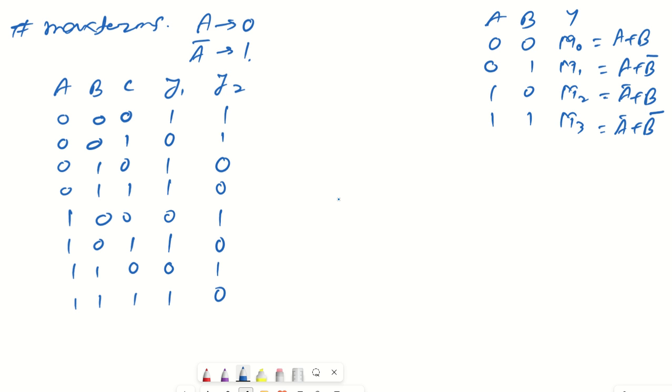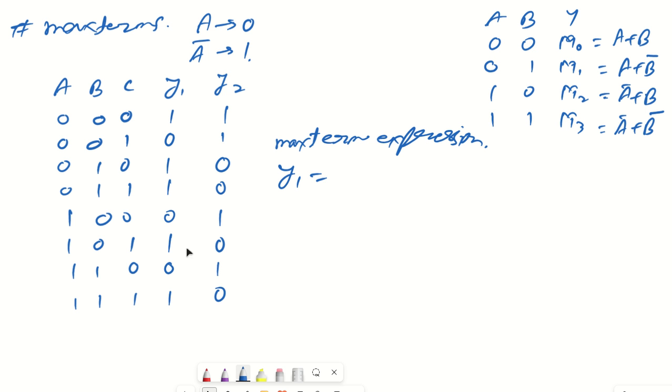Now let us write the max term expression. What will be my y1? For y1, you have to find the product of terms in the y column, wherever it is 0.